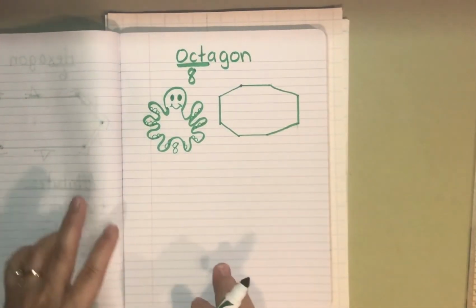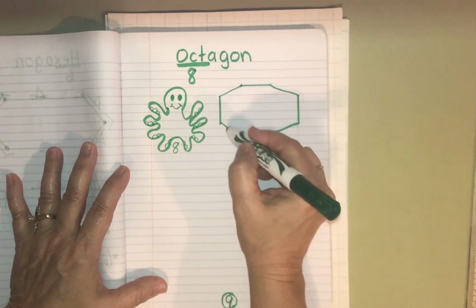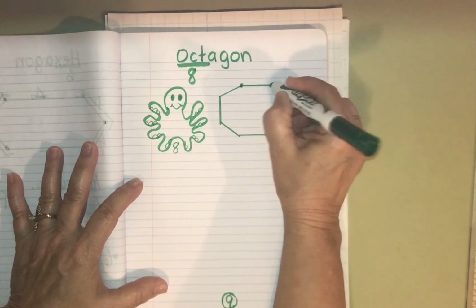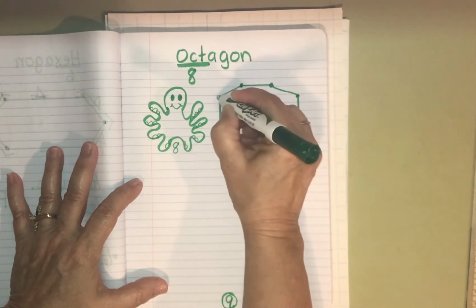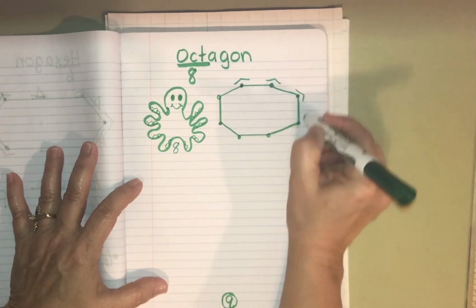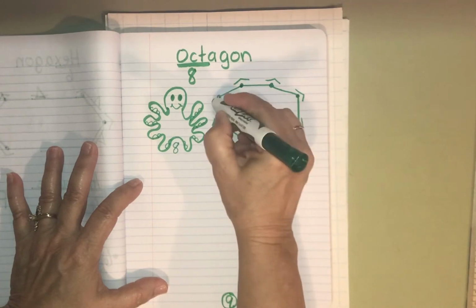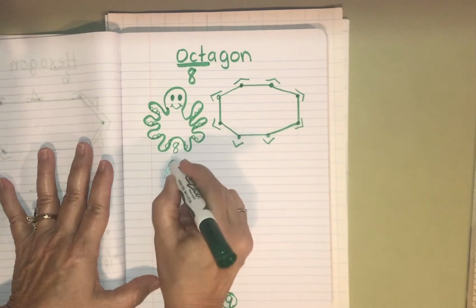What makes it an octagon is that it has 1, 2, 3, 4, 5, 6, 7, 8 sides. It'll also have 8 vertices. And then it will also have 8 corners. Like that. So let's go ahead and write our attributes.